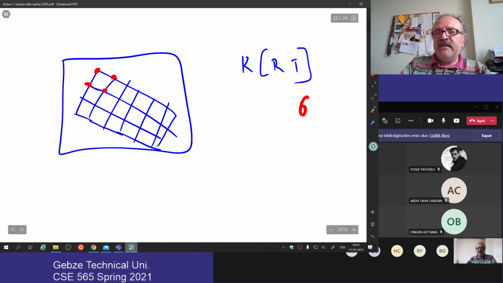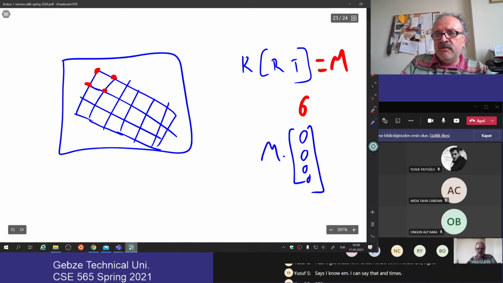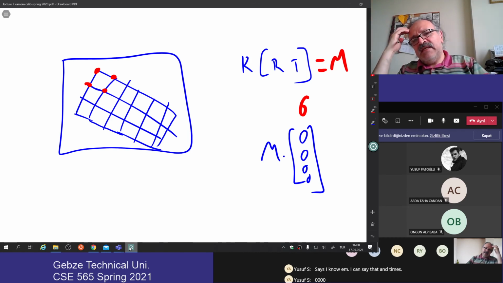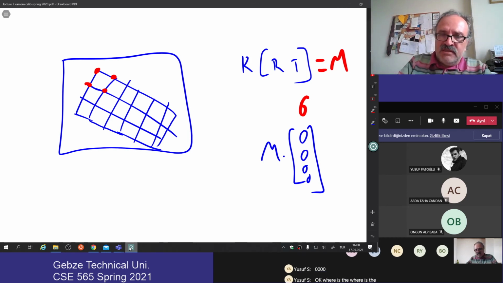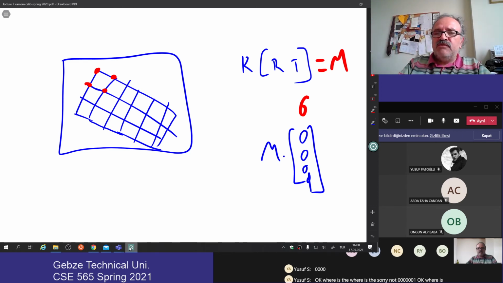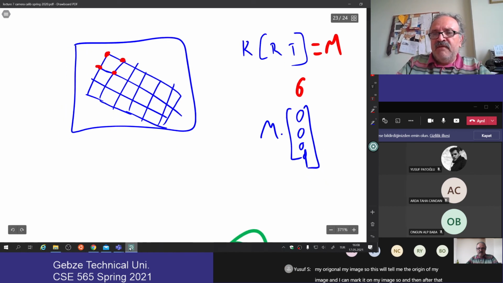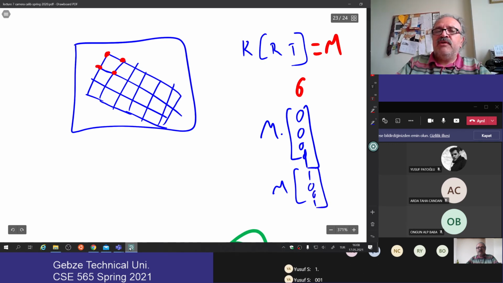By looking at these 8 equations, I can get these R and T. Once I know R and T, I know M, right? Since I know M, I can say M times 0, 0, 0, 1. Sorry, not 0, 0, 0, 0. Where is the origin of my image? So this will tell me the origin of my image, and I can mark it on my image. And then after that, I will say, where is M times 1, 0, 0, 1, and it would give me that one too.